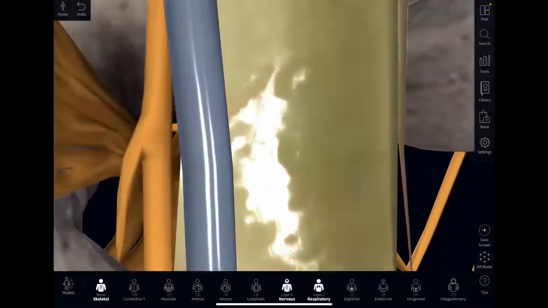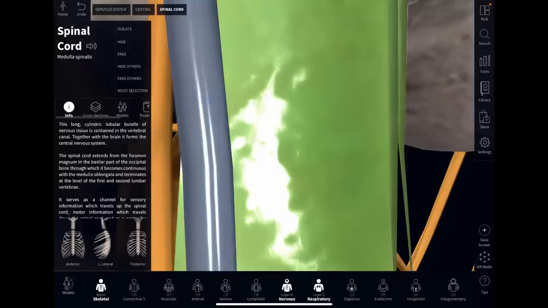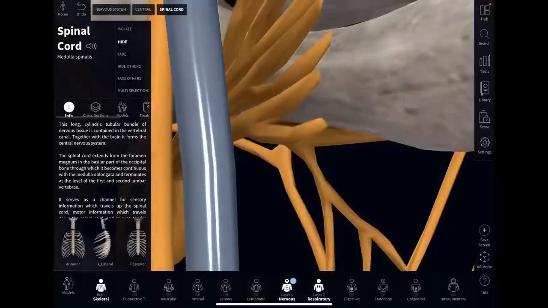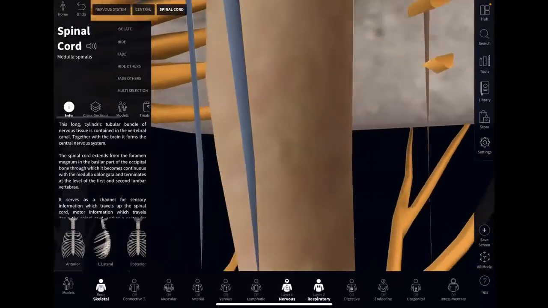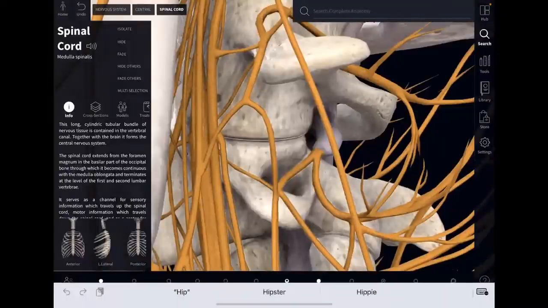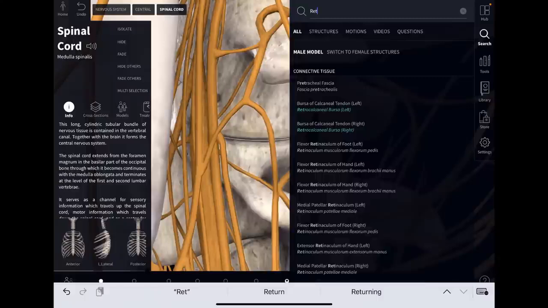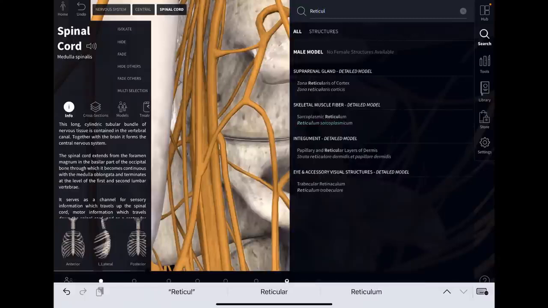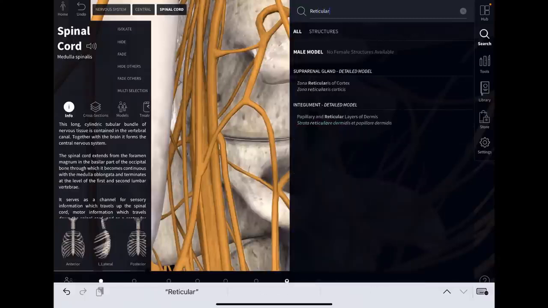Okay, so this is the spinal cord, and there's a dural matter that's around it. So let's get rid of it. Oh, it just cut the whole thing out. Okay, so it's not going to allow me to do that at this point. So let's go in and do a search on this. Let's see, it doesn't have the reticular activating system. Let's just do the brain and brain stem here.